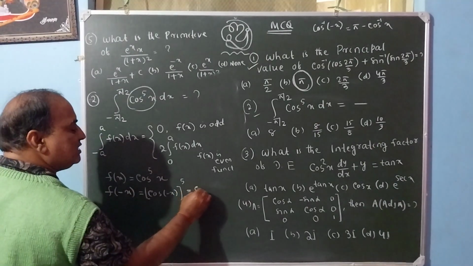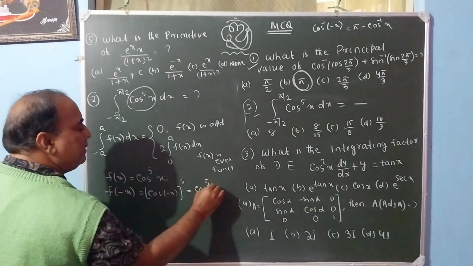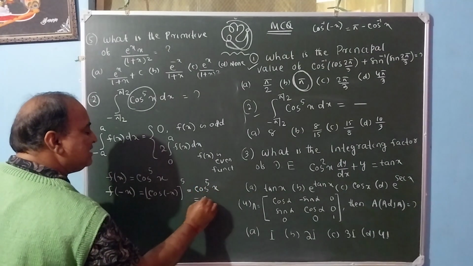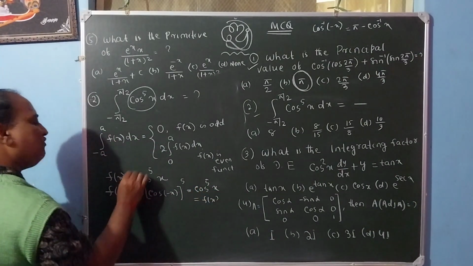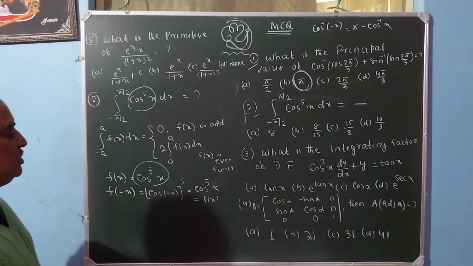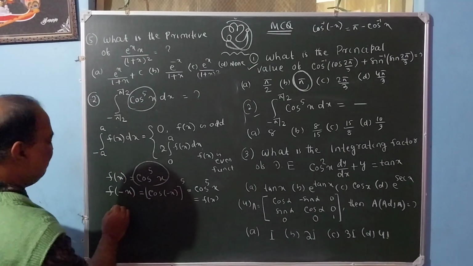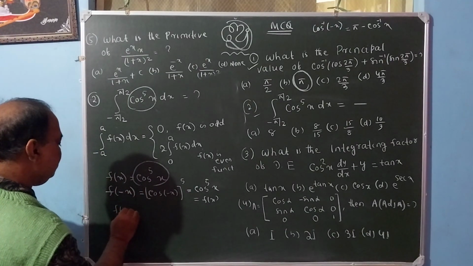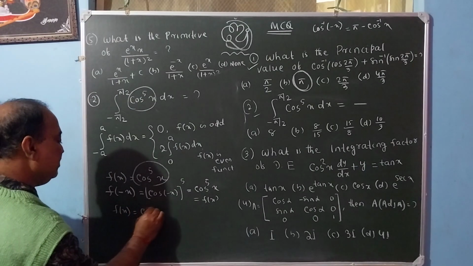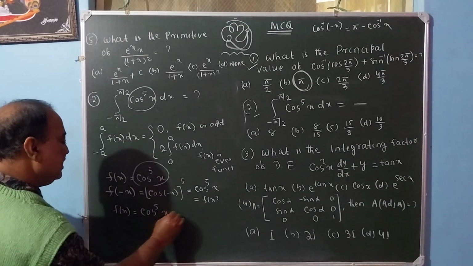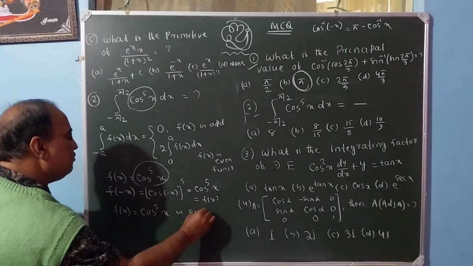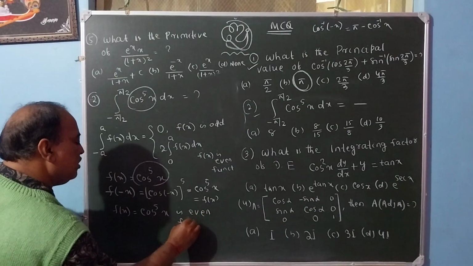So it is cos to the power 5 x, that is f(x). So cos to the power 5 x is always an even function. Remember, even function.